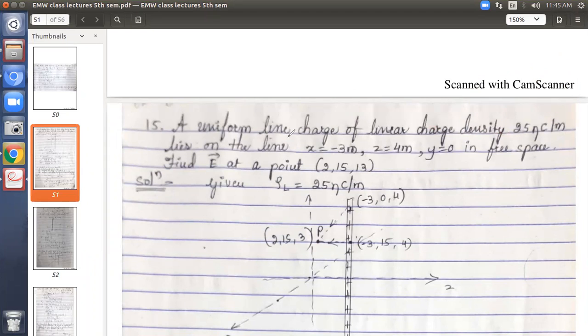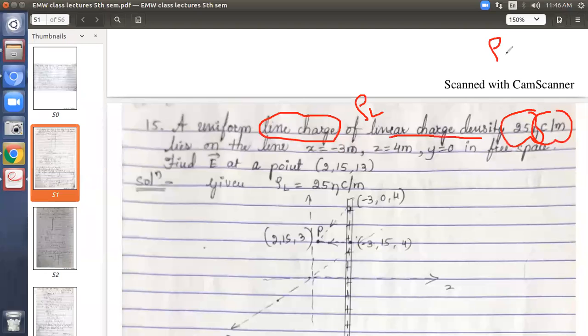Okay, this is the problem. A uniform line charge, this problem is associated with line charge, rho L, of linear charge density 25 nanocoulomb per meter. The unit is rho L equal to charge divided by length, so coulomb per meter.